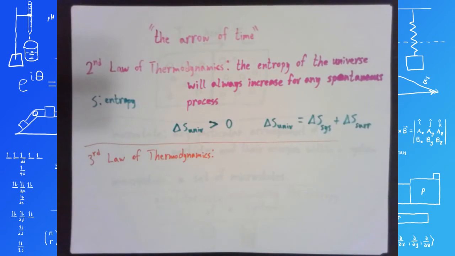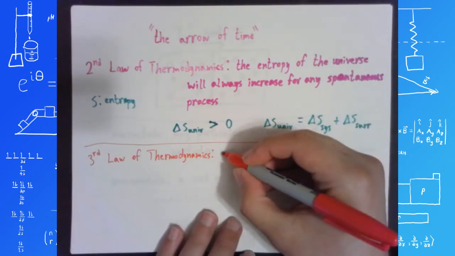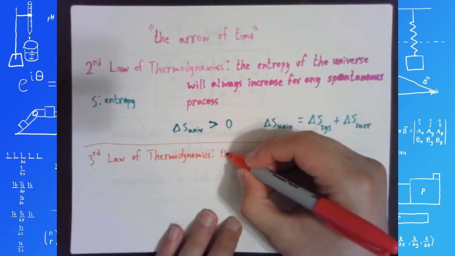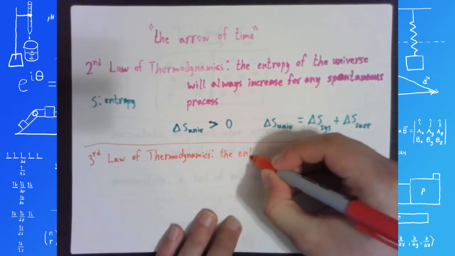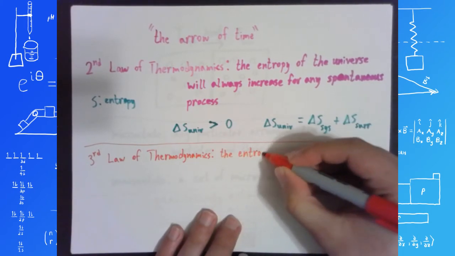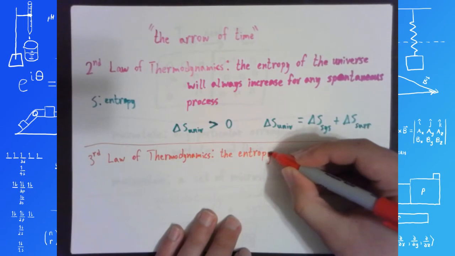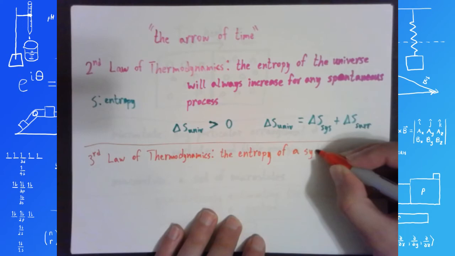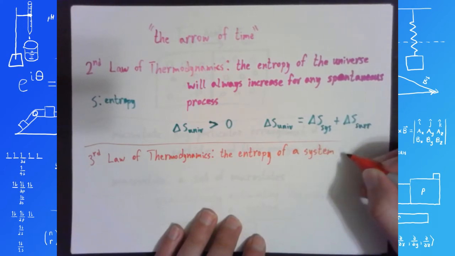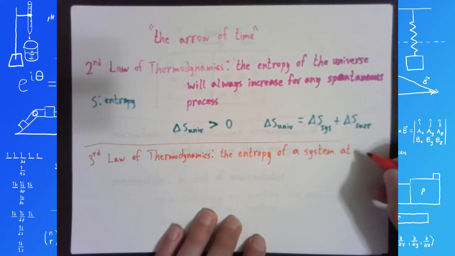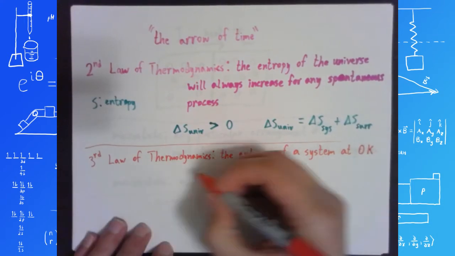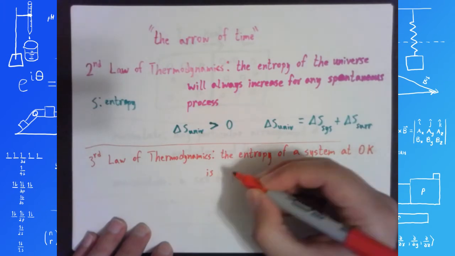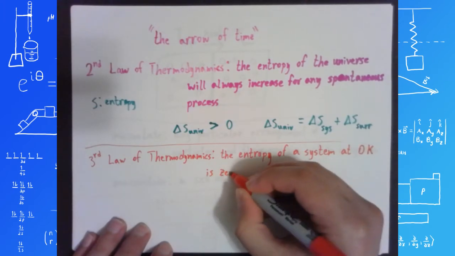So, the third law of thermodynamics says that the entropy of a system at absolute 0, a system at 0 kelvins, is 0.